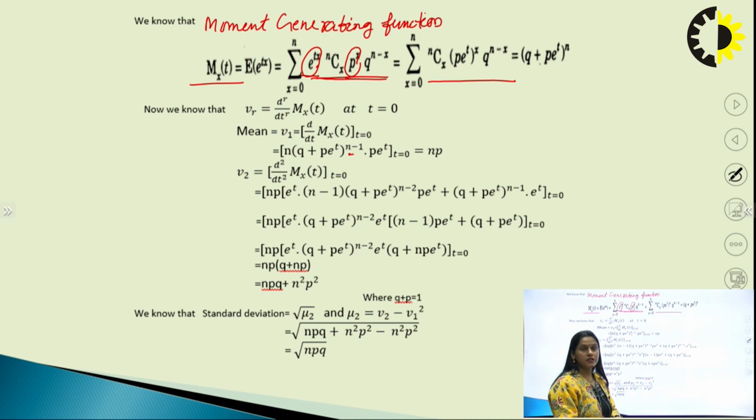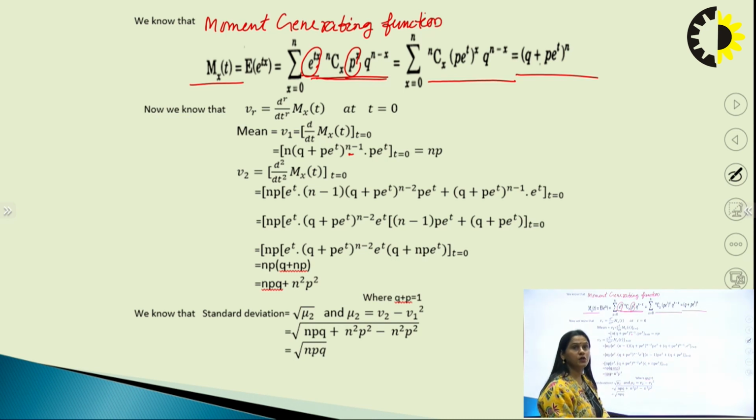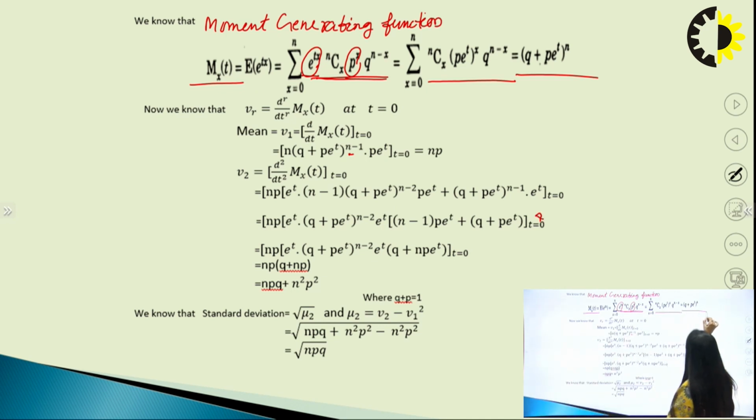Because we have already studied the binomial theorem, we can write this as (q plus p e to the power t) whole to the power n. So the moment generating function of the binomial distribution is (q plus p e to the power t) whole to the power n.